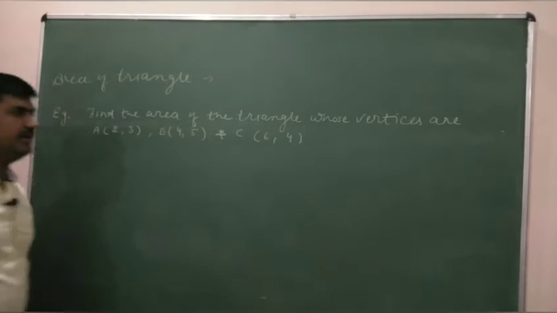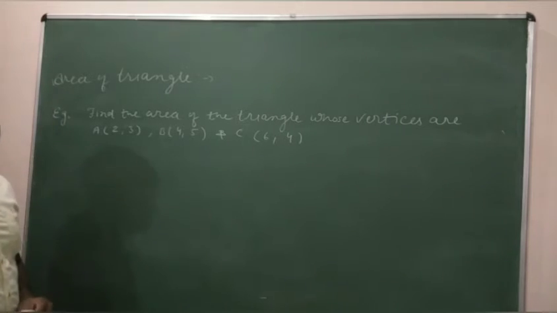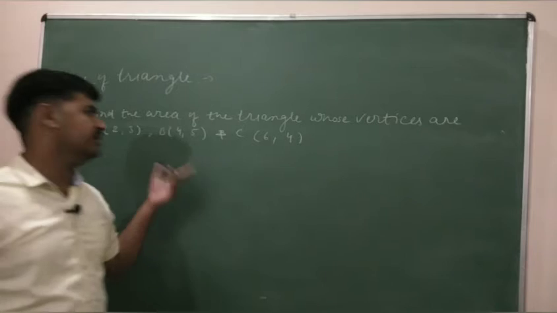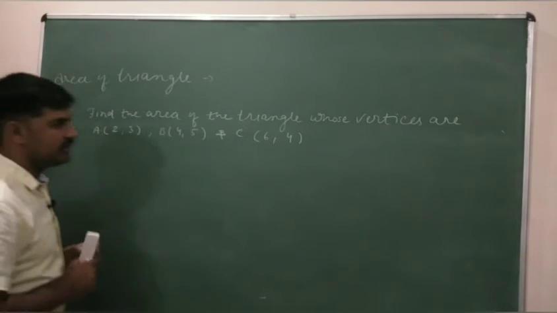Dear students, I have taken 3 points A, B and C, and there is a triangle formed by these 3 points, and the name of the triangle is ABC. So we have to find the area of this particular triangle.